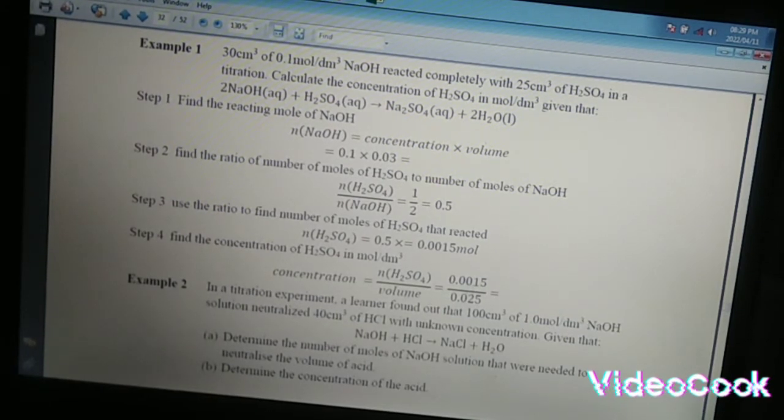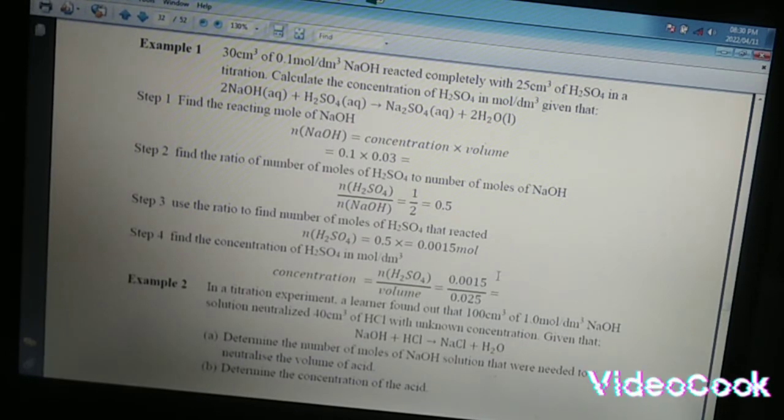What's the volume? 0.025. Why 0.025? We converted our 25 cubic centimeters to cubic decimeters. That's why we end up with 0.0015 being divided by 0.025. You can punch that on your calculators to get the final solution.